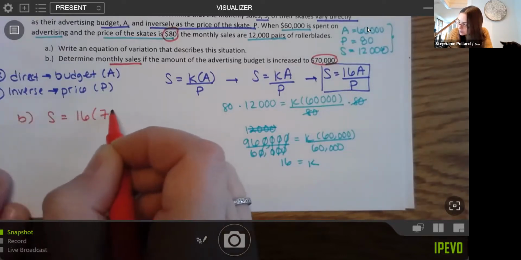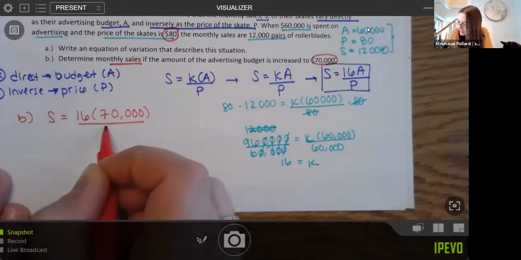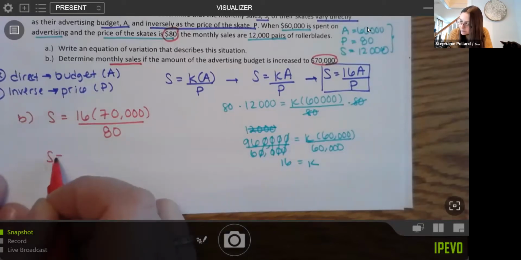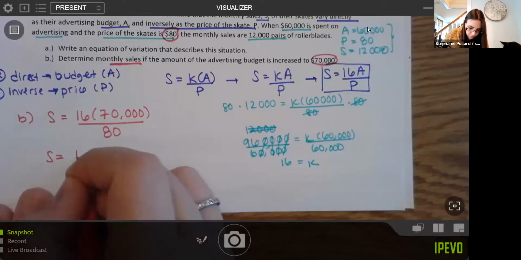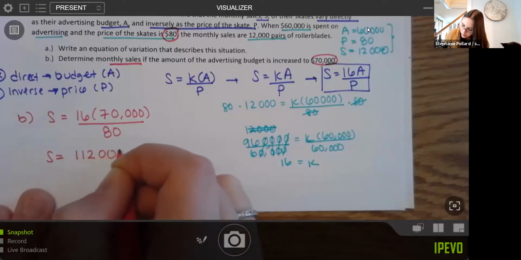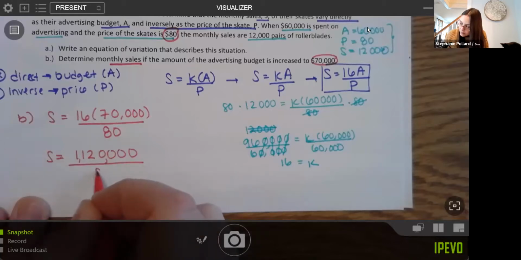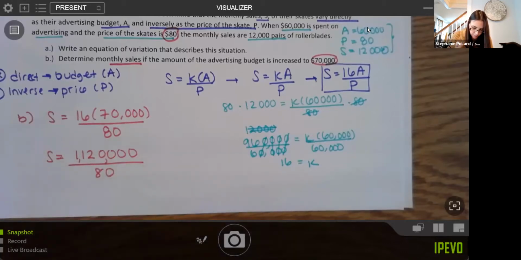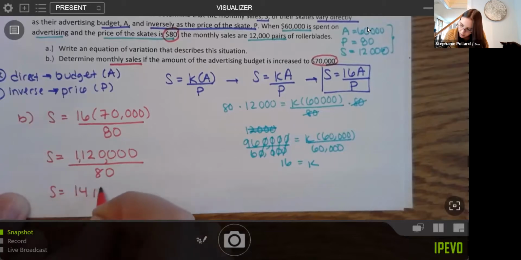Our A is going up to 70,000 and our price is staying at $80. So I'm going to multiply my numerator here first. So let's see, 16 times 70,000. So I have 1,120,000, and I'm going to divide that by 80. And I'm getting sales of 14,000.